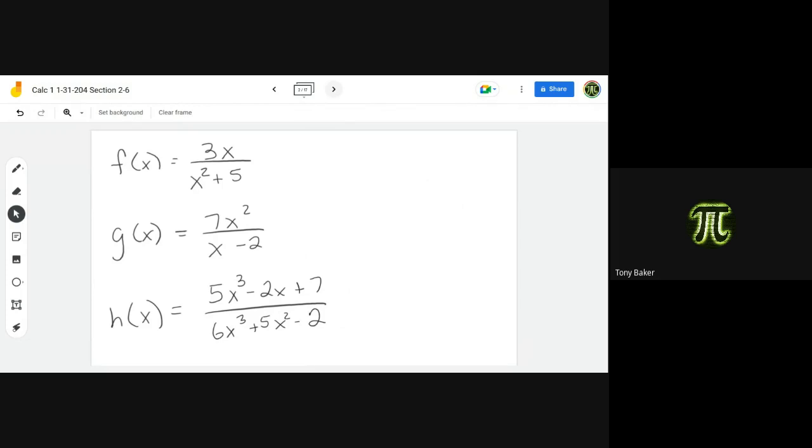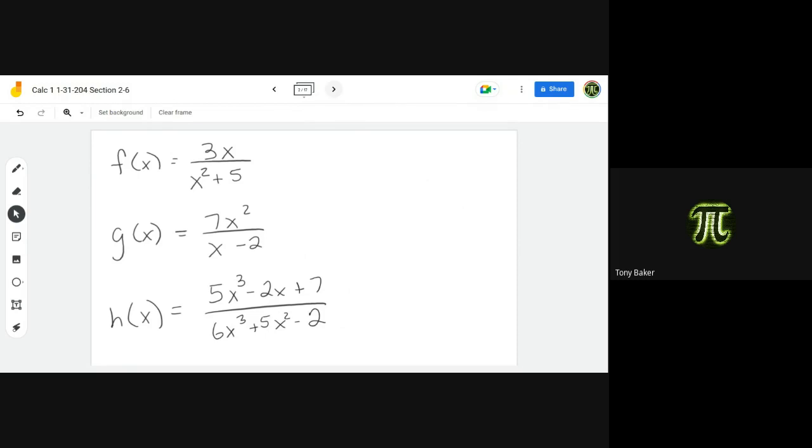Who remembers how to find horizontal asymptotes? All right, who remembers what a horizontal asymptote is? Okay, what's a horizontal asymptote? Basically, a value that it will get infinitely close, but it will never pass beyond.